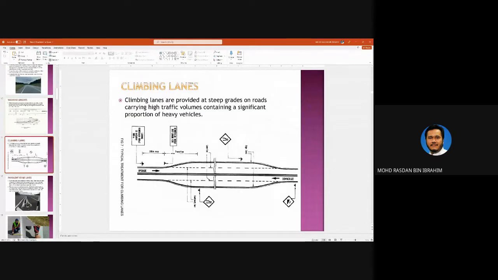And then climbing lanes. You can see here, in the middle part, it is using lane lines. At the beginning and at the end, it is using continuity lines. So it starts with continuity lines, and then it becomes lane lines.